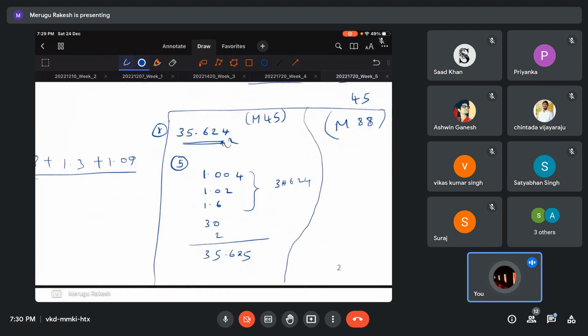Similarly for M88. Sir, what is the range and steps of the M88 set? Okay, this special set or the normal one? Sir, special set. Okay, yeah, I will discuss.